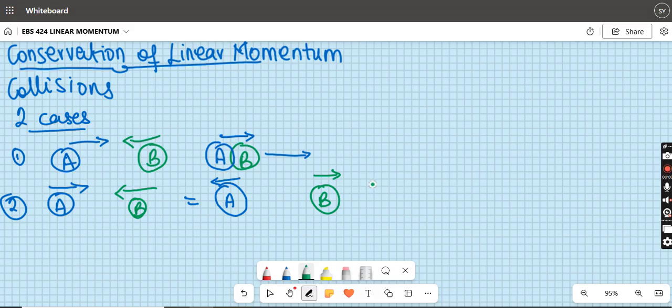Now, the law of conservation of linear momentum states that the momentum before collision is equal to the momentum after collision. They should be equal.